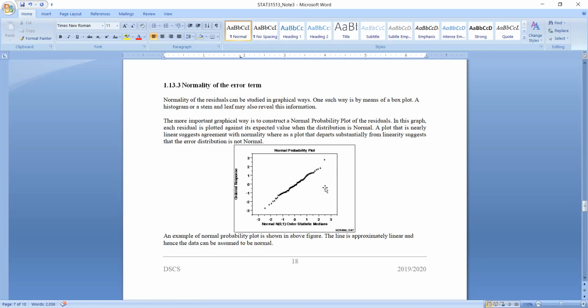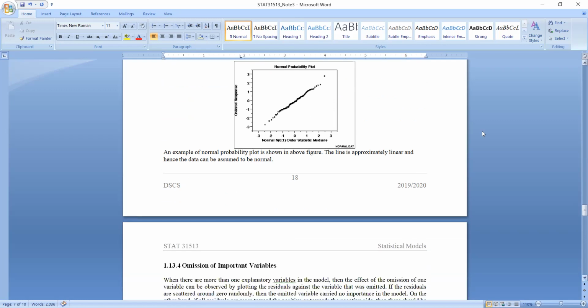So then you will have the normal probability plot. So when you observe the normal probability plot, if you can nicely see all the observations are lying on one straight line, then we can conclude by looking at this normal probability plot, our errors are normally distributed.